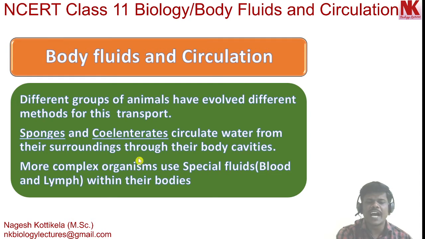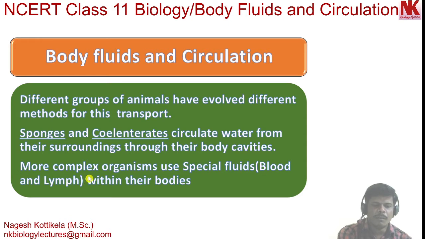Different groups of animals have evolved different methods for this transport. For example, sponges and coelenterates circulate water from their surroundings through their body cavities for transporting substances.